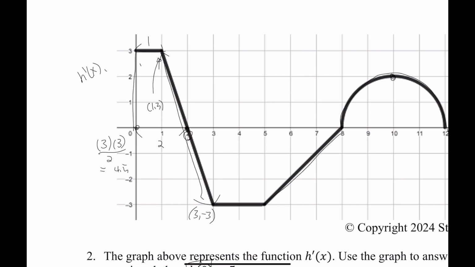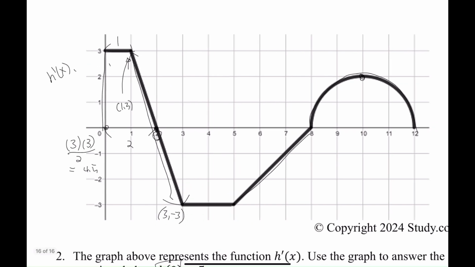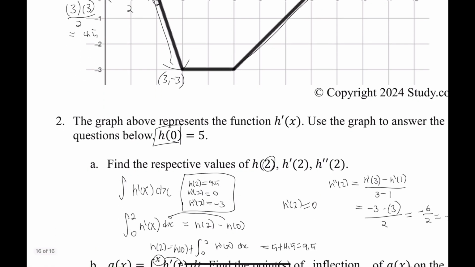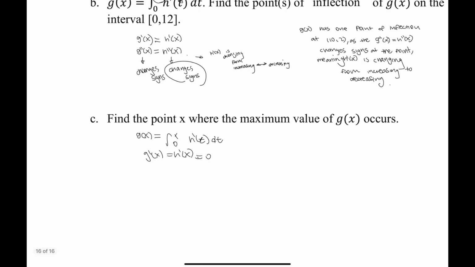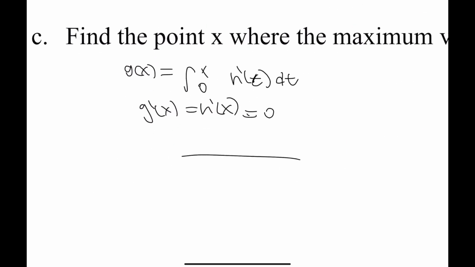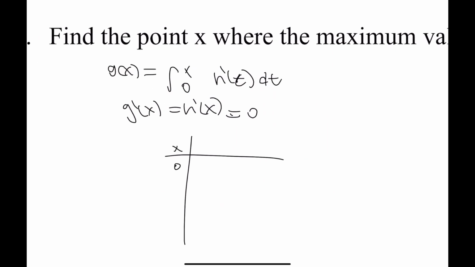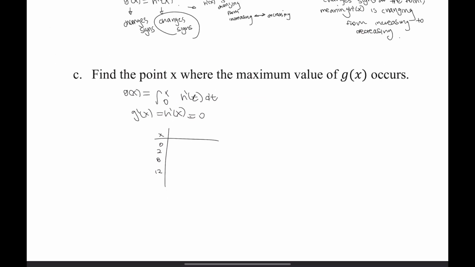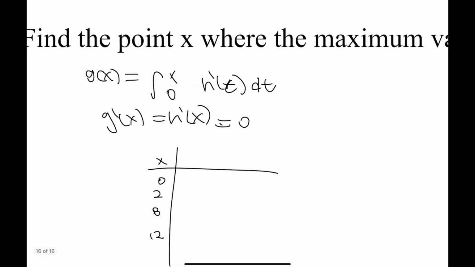It's equal to 0 at x equals 2, and then x equals 8, and we also have 12, but 12 is already there because it's an endpoint, so we're testing everything. So 2, 8, 12. First, it's going to be 0, 2, 8, 12.